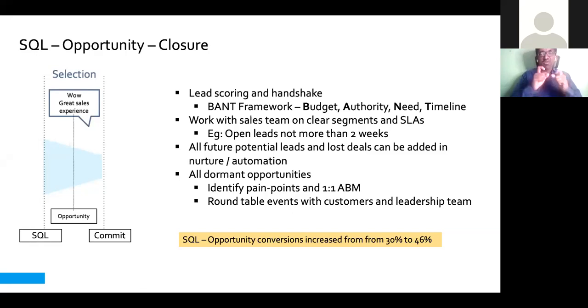So it's very, very important to come up with metrics which will also guide the entire movement, right? Because you can't have an SQL sitting around in your system for very long, let's say 3 weeks, not more than. An SQL can be within the system possibly for 2 to 3 weeks.